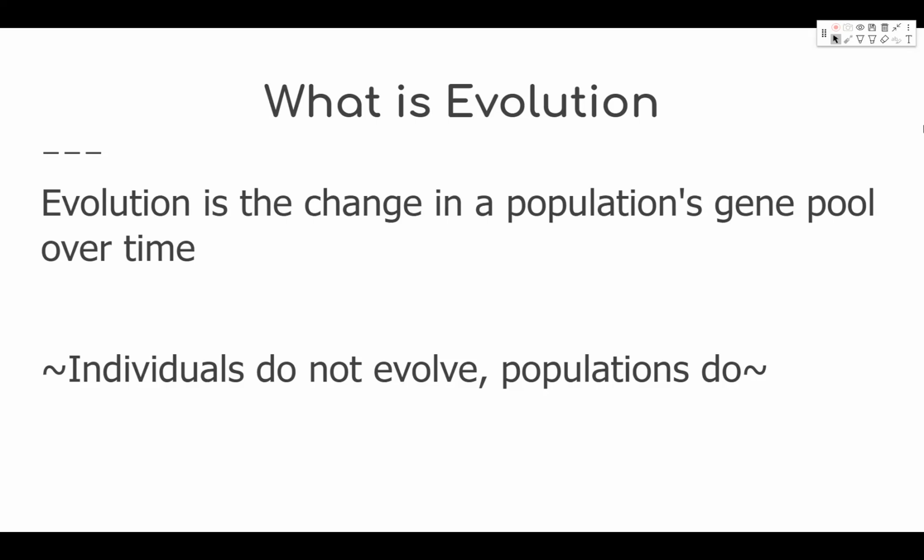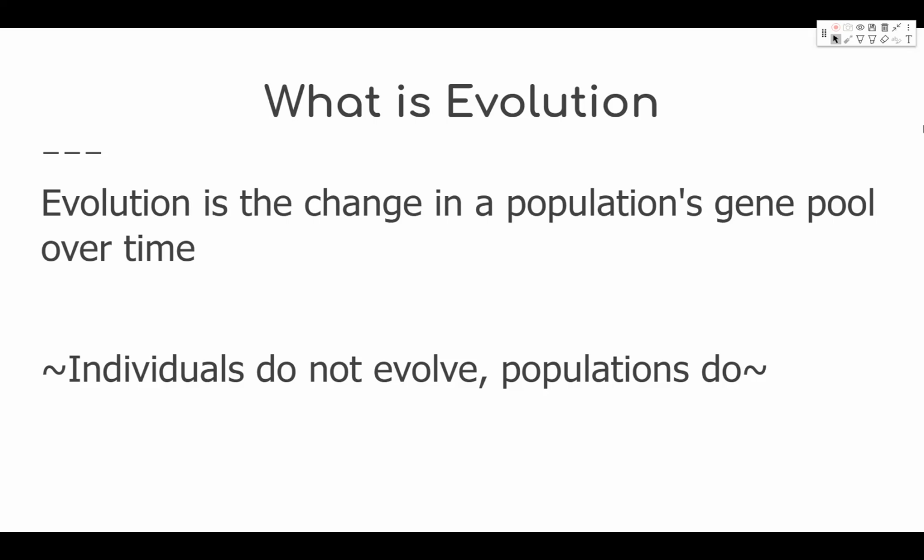What is evolution? Evolution is a change in a population's gene pool over time. This down here with the little squigglies is our super big important idea for this lesson for the next couple days. We'll talk about evolution again tomorrow.